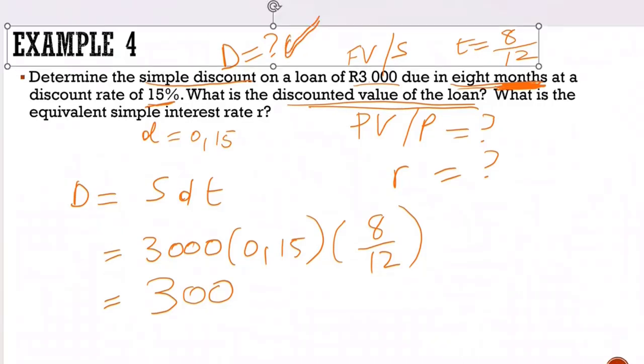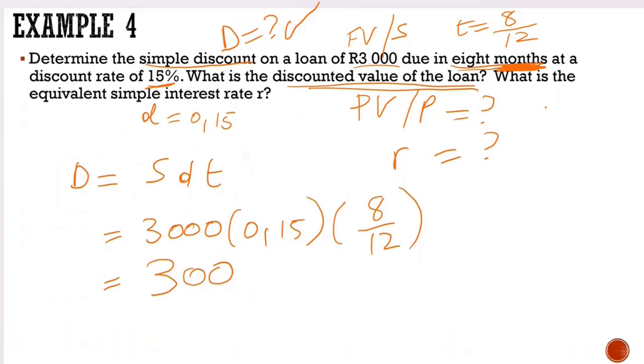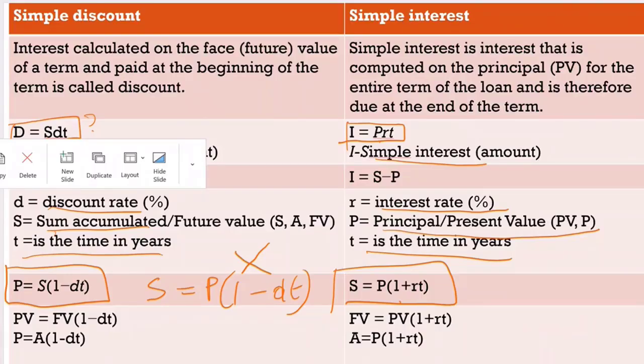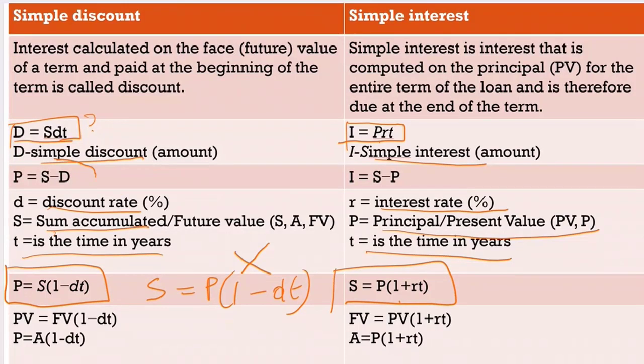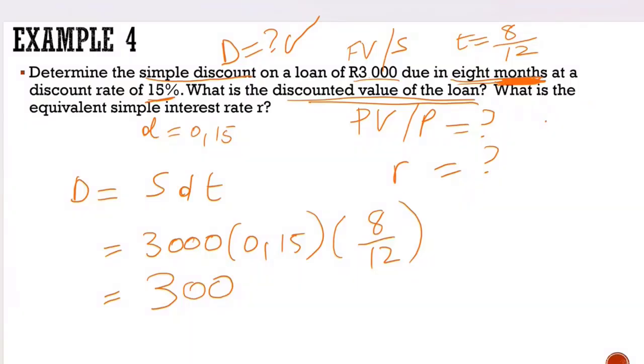You still need to calculate your present value. So you go to your formula sheet and say, what is a present value given the context? The present value using the discount, this will be the formula that you can use. Then you say, okay, fine, let me calculate my present value.